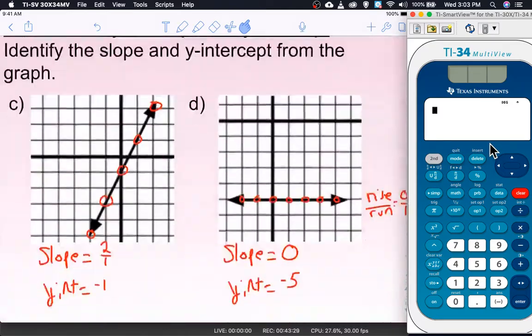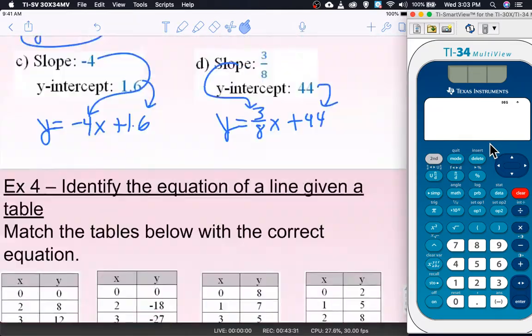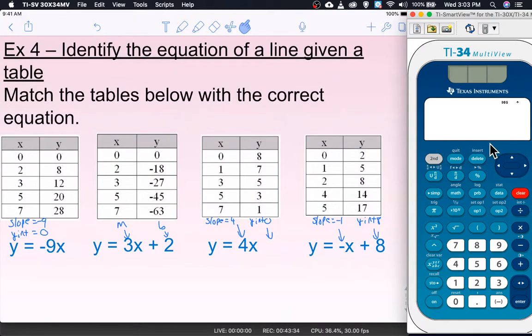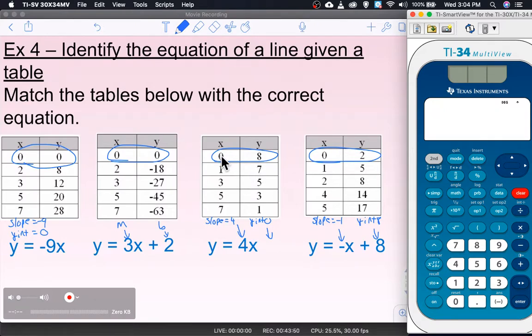All right, so let's go back to the tables. When the x value is 0, this is one of the y-intercepts. X value of 0, x value of 0, x value of 0. Well, here, when my x value is 0, my y value is 8.